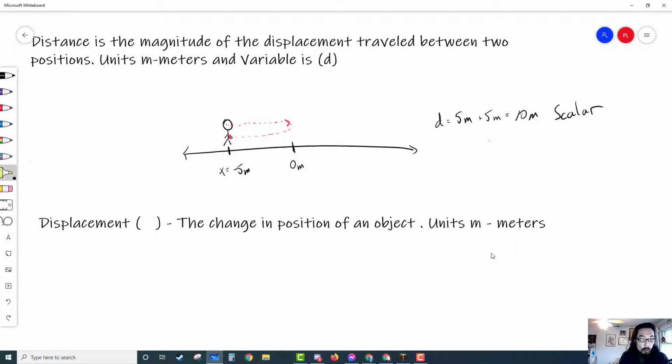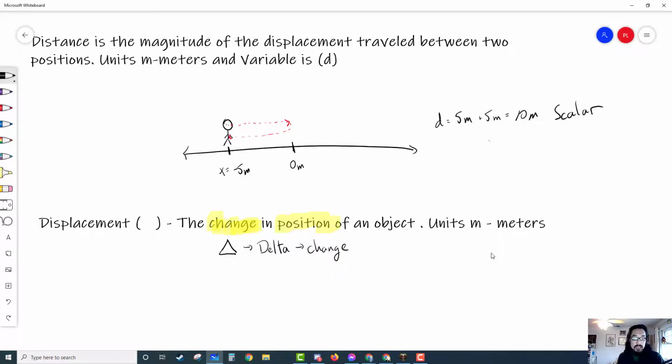Now, within the definitions of physics stuff, we can often find the equation. So we have change in position. Change is represented by this triangle. This is a Greek letter called delta. Delta means change.